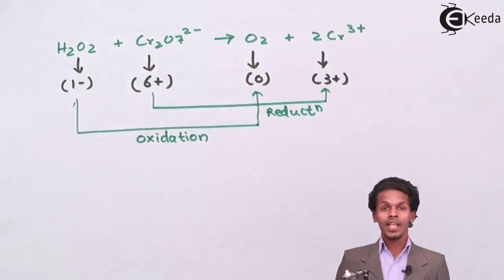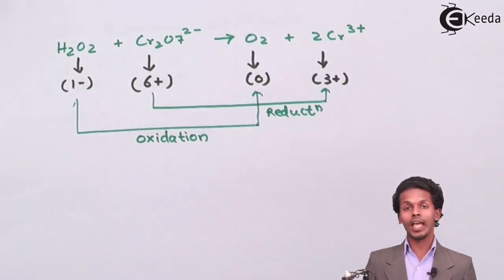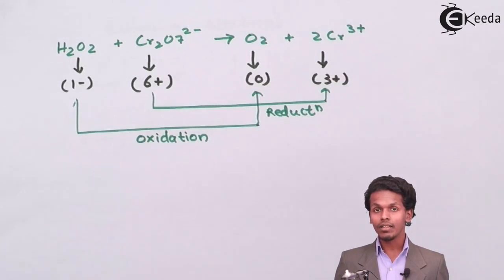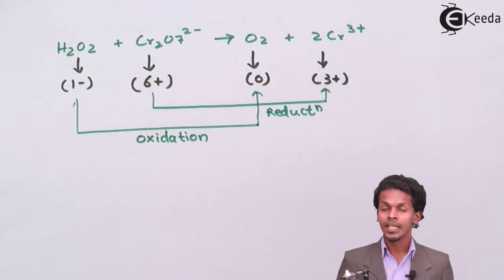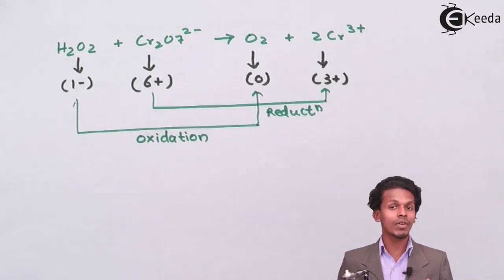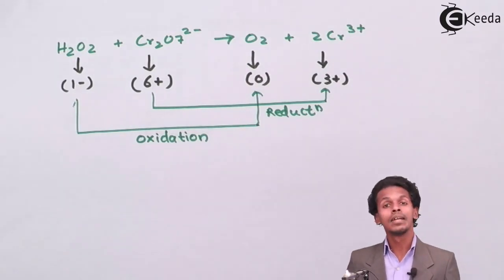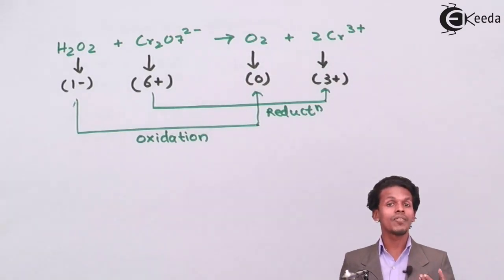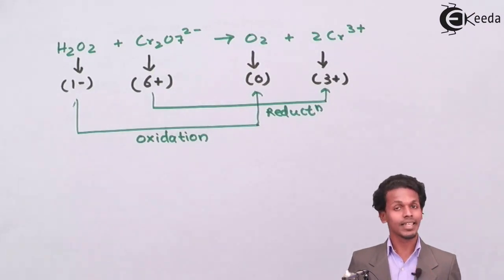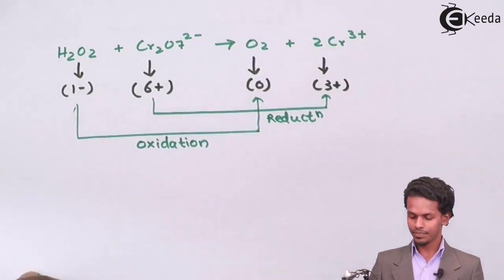This is only possible if chromium has gained 3 electrons. If it has gained 3 electrons, only then has it converted its oxidation number of +6 to 3+. So the number of electrons gained is 3 in the reduction process.